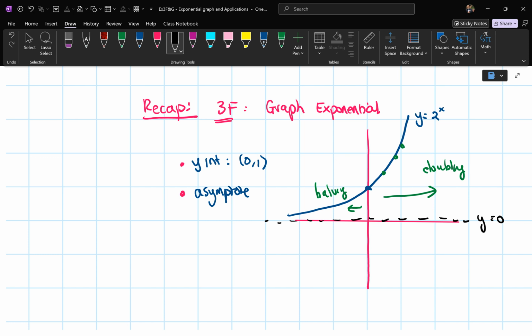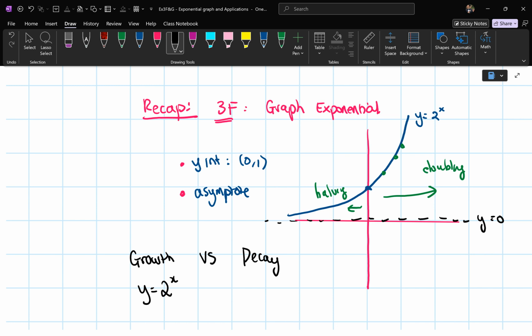And then the last part of 3F that I was trying to teach, and I confused you all by giving you too many negatives there, it was just two things I wanted to show, which was growth versus decay. Now growth, which is the one that I gave to you, 2 to the x, because as you move to the right, the graph is increasing. So as time increases, your graph also increases, which there's a lot of applications we can model where something grows over time.